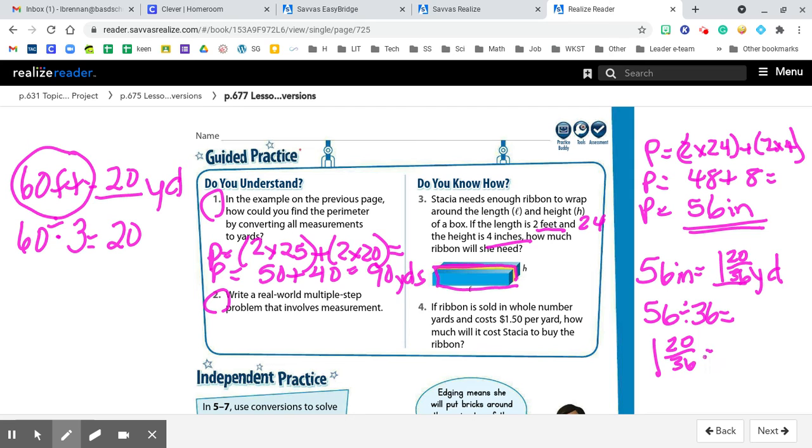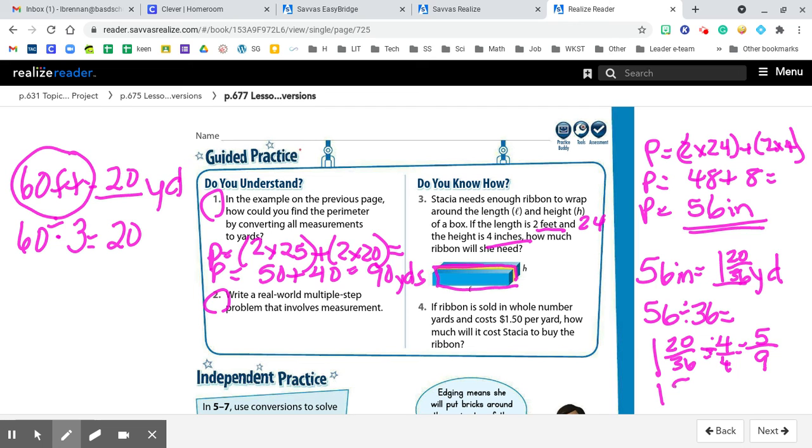And if I reduce that, factors of 20: 1 times 20, 2 times 10, 4 times 5. I can divide this by 4 over 4 and get 5/9.